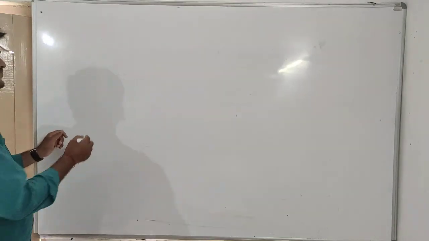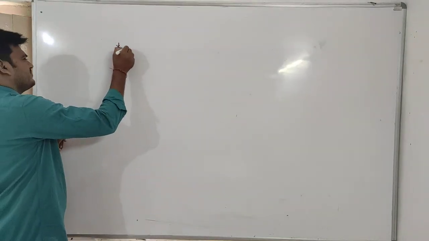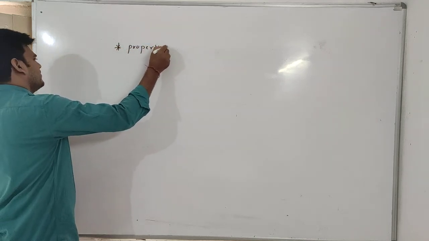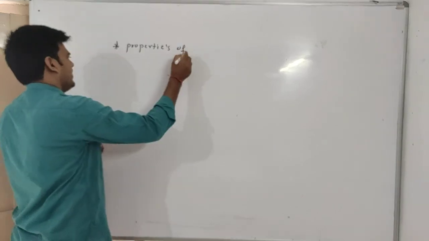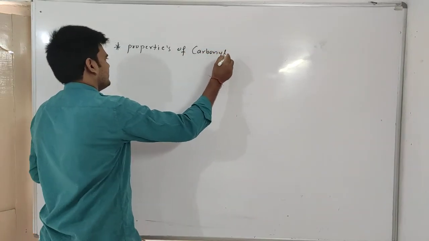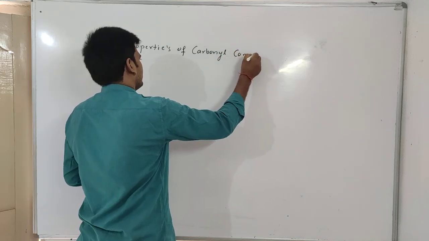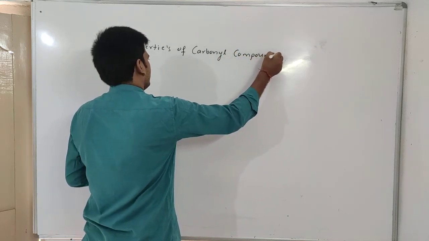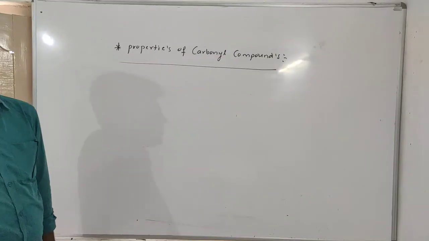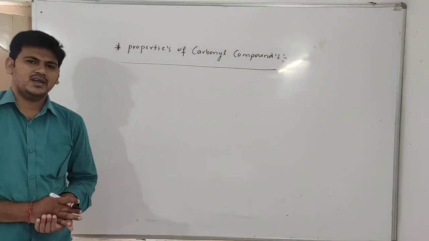Okay. Next heading. Properties of carbonyl compounds. Okay. So the main carbonyl compounds are aldehydes and ketones.